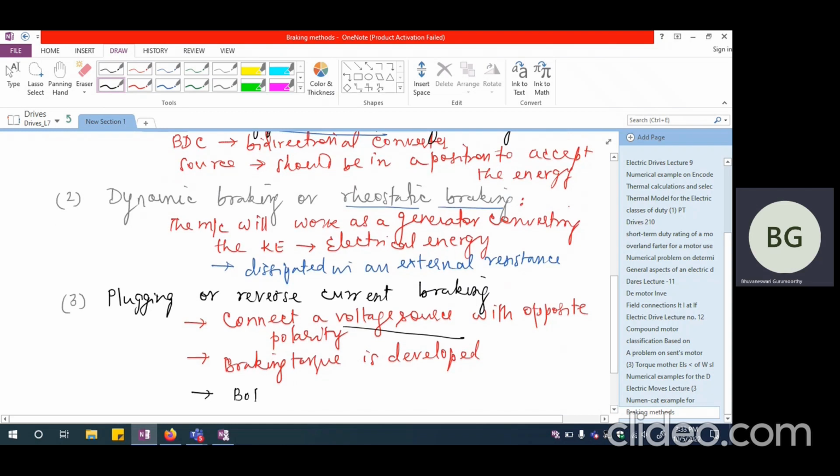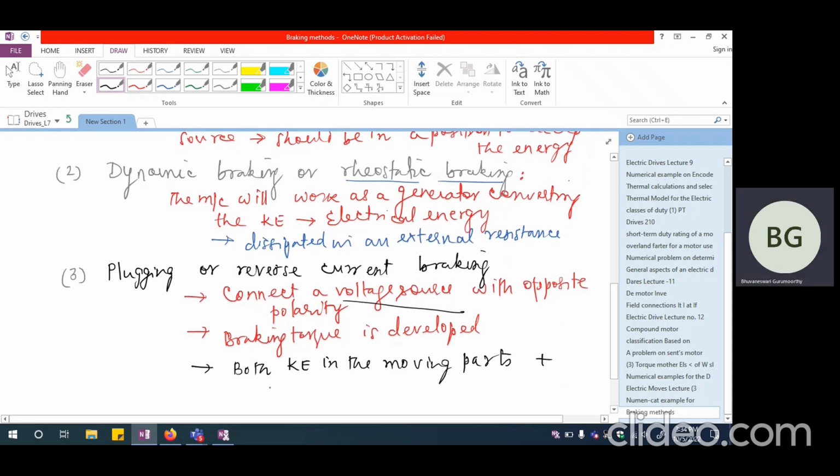So both the kinetic energy in the moving parts plus the power drawn from the voltage source are wasted.